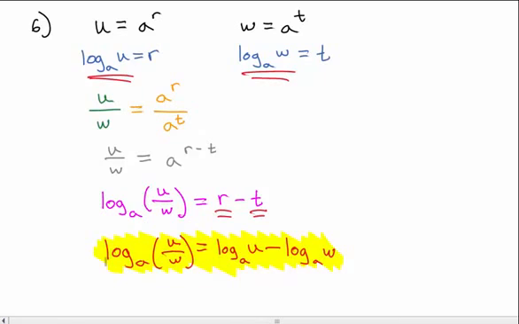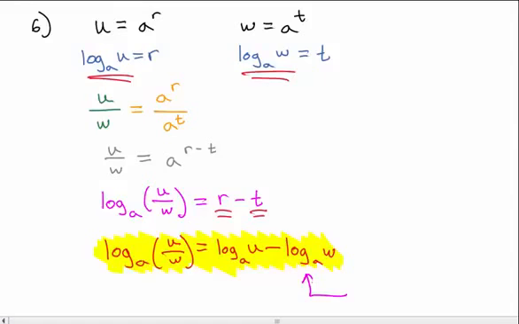Which makes sense if you think about it on several levels. With exponents, we know if we're dividing two bases, we subtract the exponents. Logs are exponents. So dividing two pieces means we subtract the two pieces in individual logs. Another thing that makes sense is a negative log, the second piece, you could think about as a negative exponent.